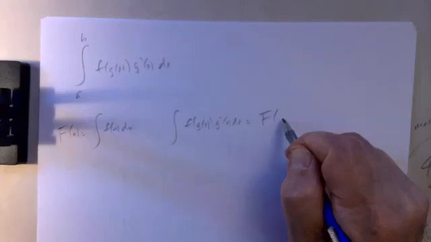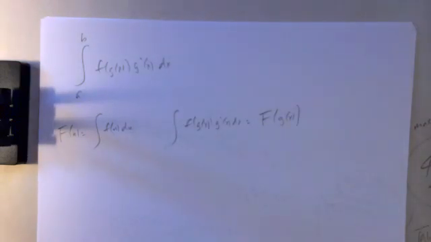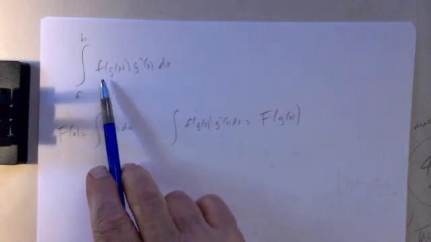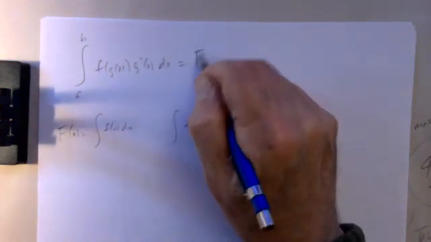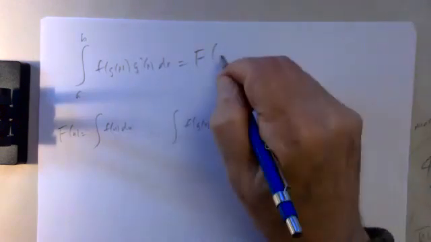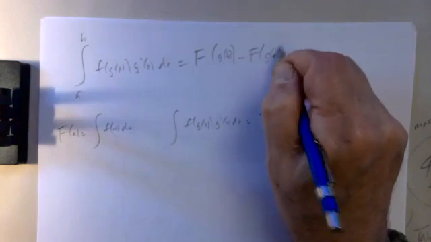This is capital F of g of x. So when we use the fundamental theorem of calculus, this integral is F of g of b minus F of g of a.